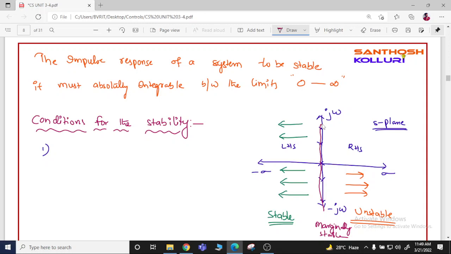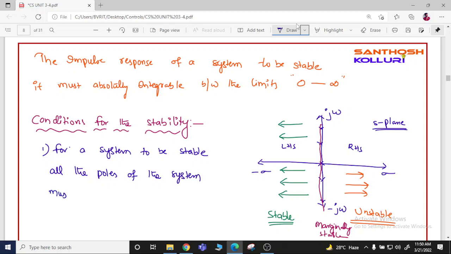Therefore, for a system to be stable, not even a single pole, all the poles of the system must lie in the left hand side of the S plane.